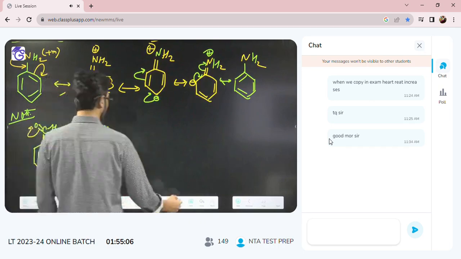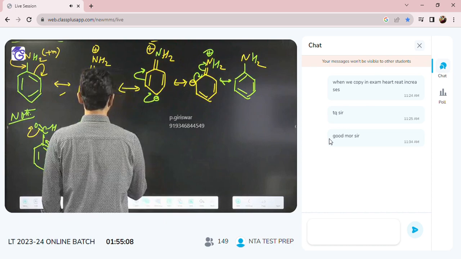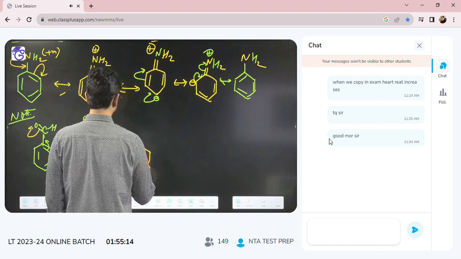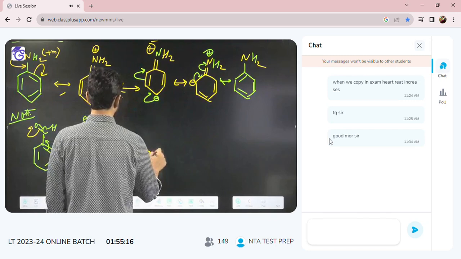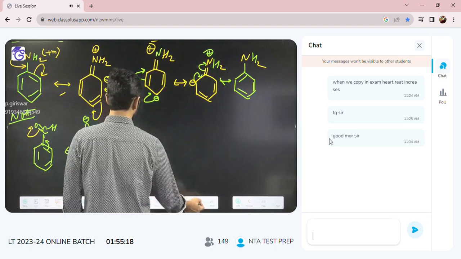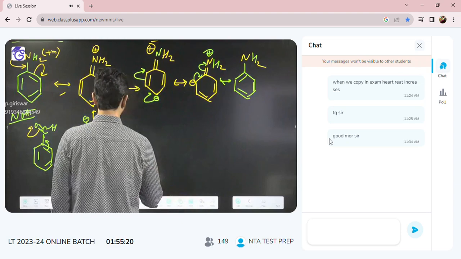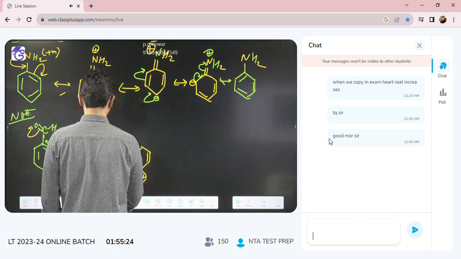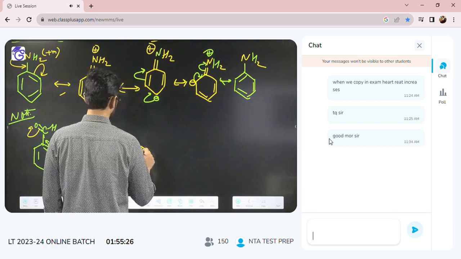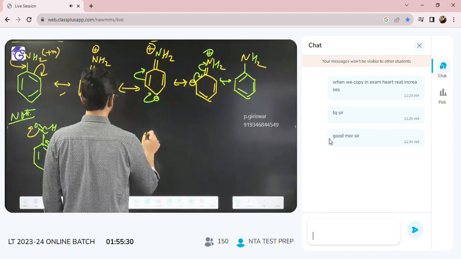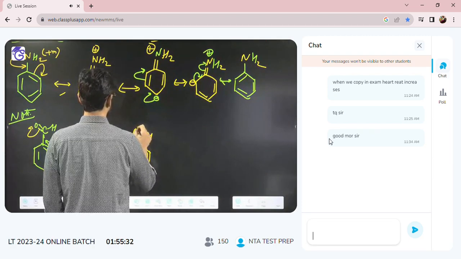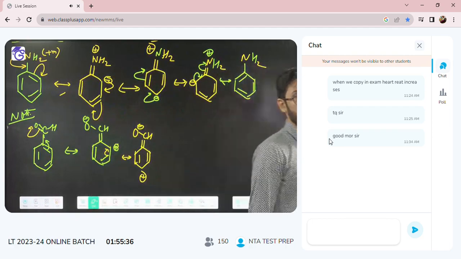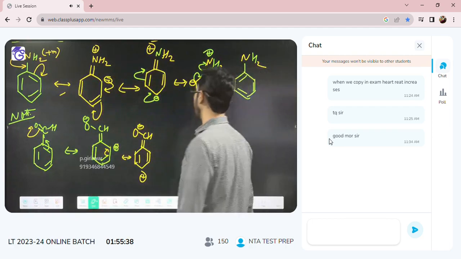Now this plus will be stabilized by delocalization in the benzene ring. Here double bond, here it will be positive. Other remains same, CHO minus. Yes, correct, Syam.